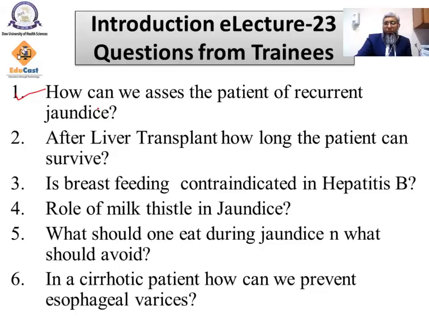When the person comes to you with recurrent jaundice, rule out hemolytic anemia, which means you get their retic count and their LDH. If the LDH is high and the retic count is high, there is hemolysis going on, and then you take that pathway, which will be covered in the hematology part of the e-lectures.